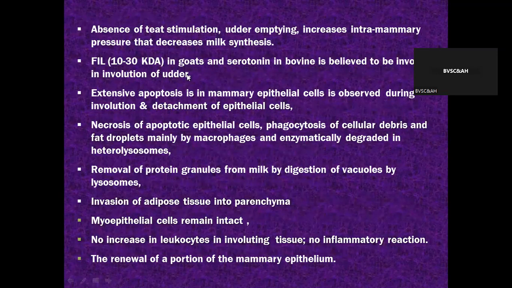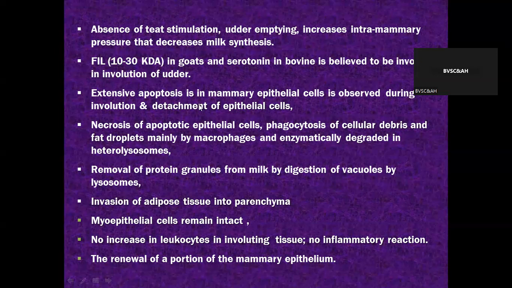It has been established in goats, and maybe in bovines, that a low molecular weight protein, FIL, a feedback inhibitor of lactation, is there in goats, and serotonin in bovines has been believed to be involved in the involution of the udder. So when you stop milking the animal, FIL increases and pressure also increases, and this causes stoppage or reduces the synthesis of milk.